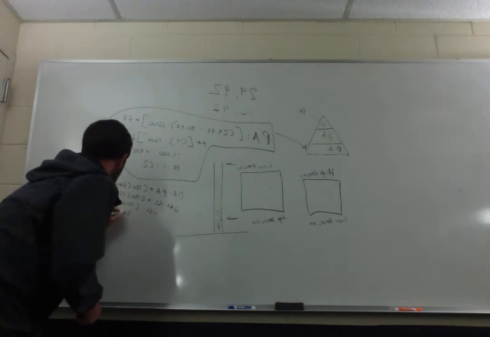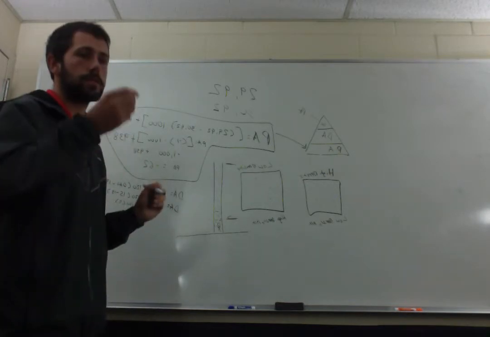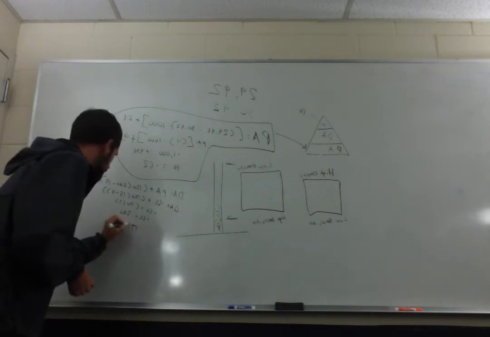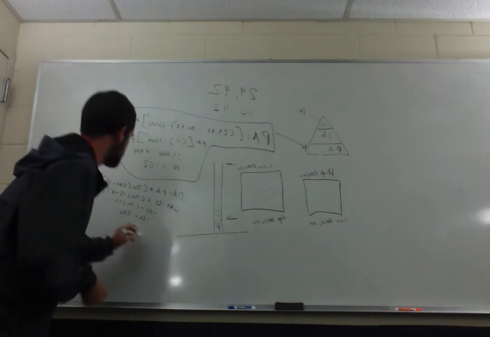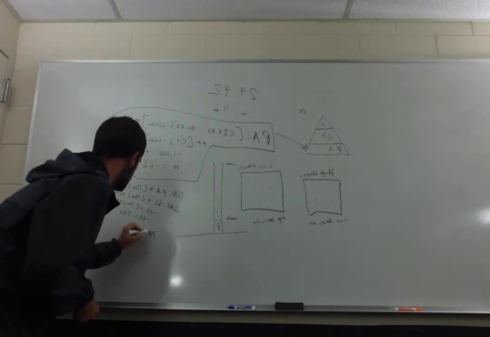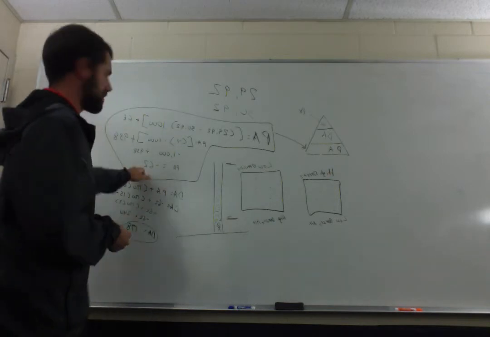And then negative 62 plus 240 is 178. All right. So our density altitude is equal to 178 feet. But our pressure altitude was negative 62.